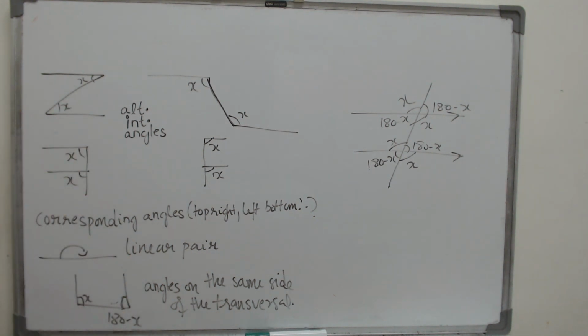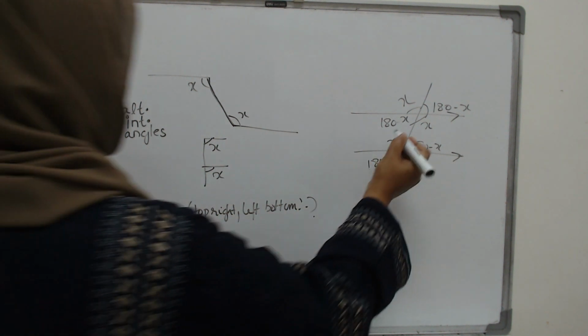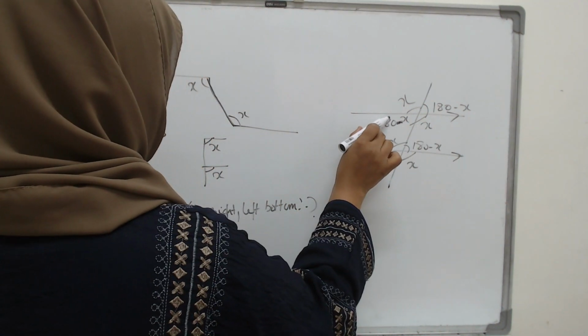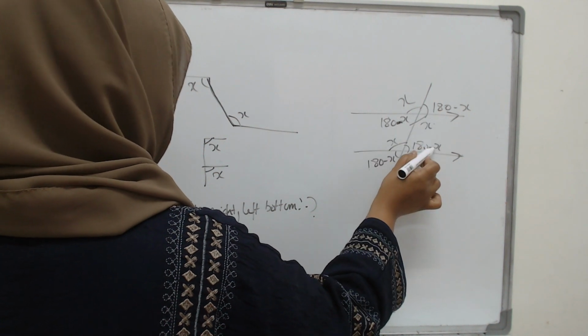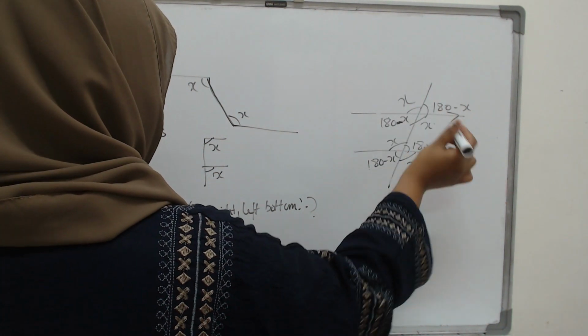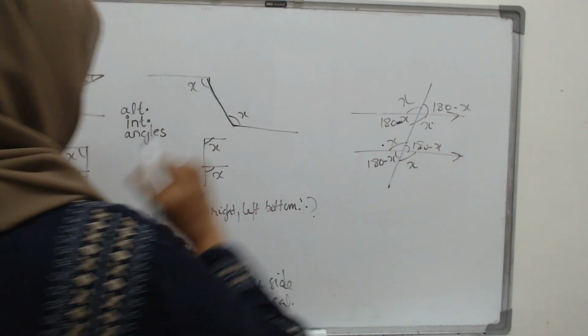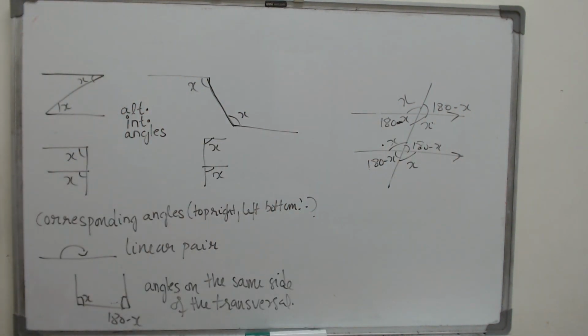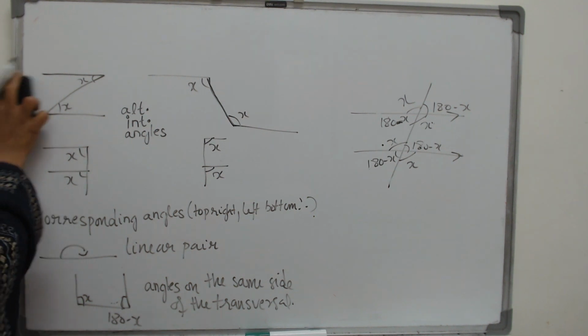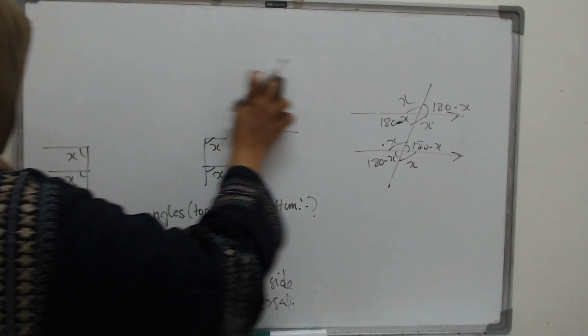What do you mean by alternate? I go to the shopping mall on alternate days, which means I go on Wednesday, I leave Thursday, then I go Friday. I leave one day in between, which means start from here, leave one, go to the other one. These 2 will be equal. Start from here, leave this, go to the other one. These 2 will be equal. These are known as alternate interior angles, and remember the English alphabet is Z.